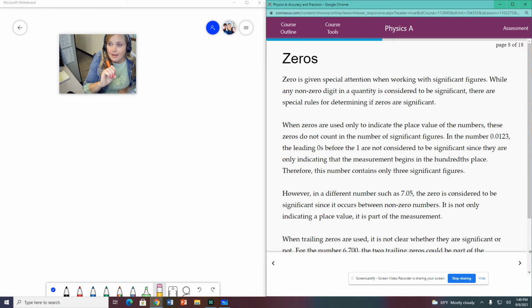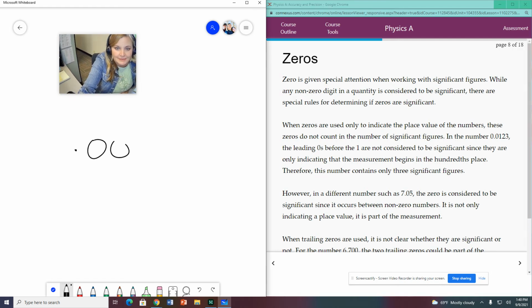So when you're doing a decimal, the leading zeros do not count as significant digits unless they're preceded by a number that's non-zero. So this has one significant digit, and that significant digit is 3. These leading zeros are just placeholders, so they're non-significant.